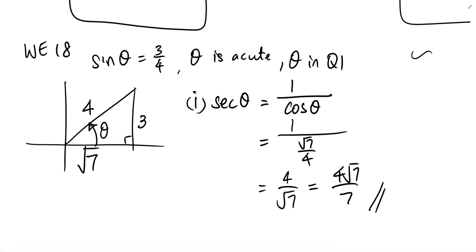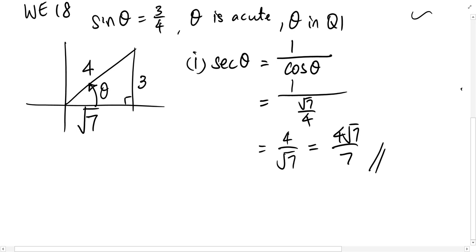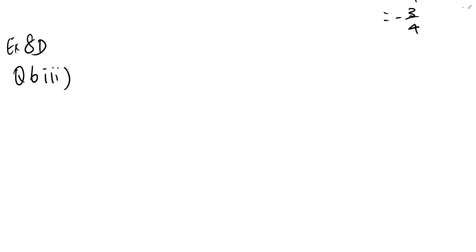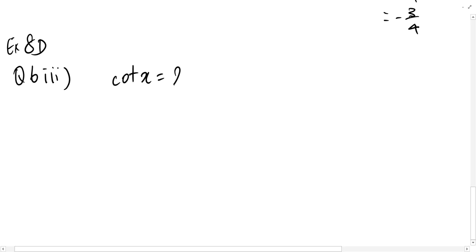Okay. Benedict, help us with the next question. On practice now 18. Yes? Okay, focus. Read the question. It says that cotangent x is 2.5. So from the question, cotangent x equals to 2.5.